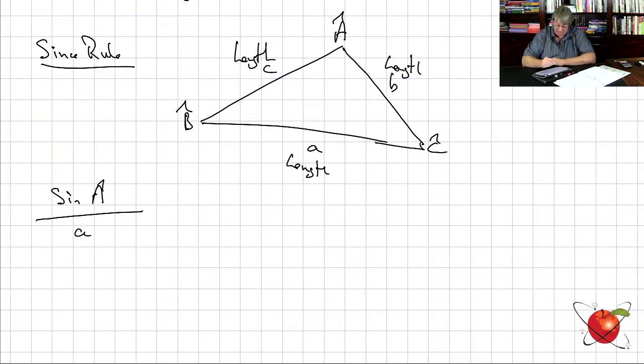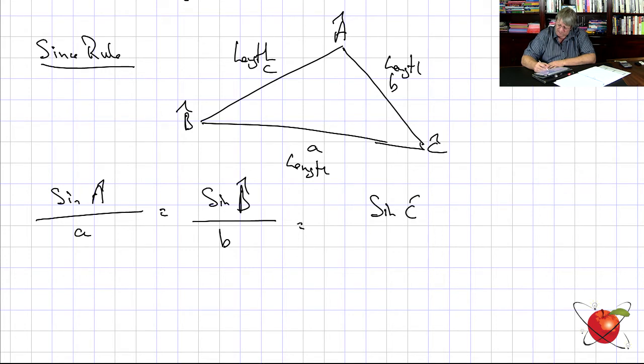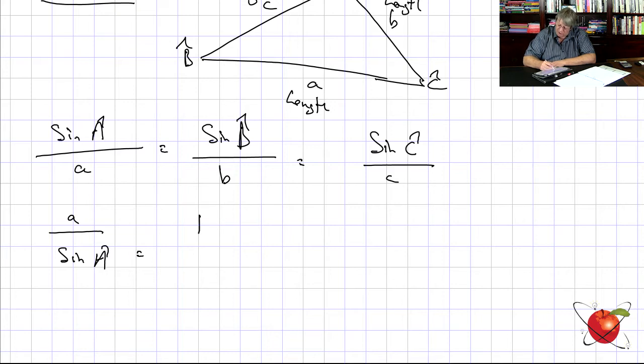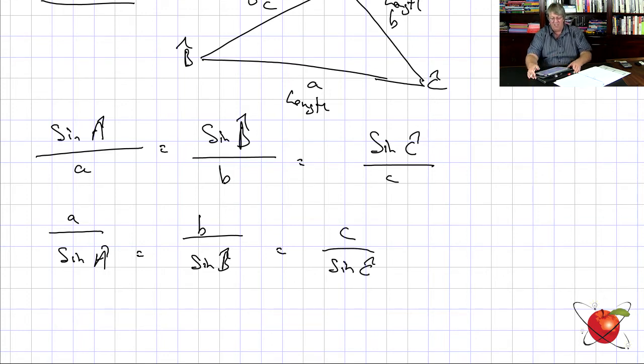So sine of angle A over length a is equal to the sine of angle B over length b, which is equal to the sine of angle C over length c. It's also fair to say that a over sine of angle A is equal to b over sine of angle B, which is c over sine of angle C. It is the same thing to say that.